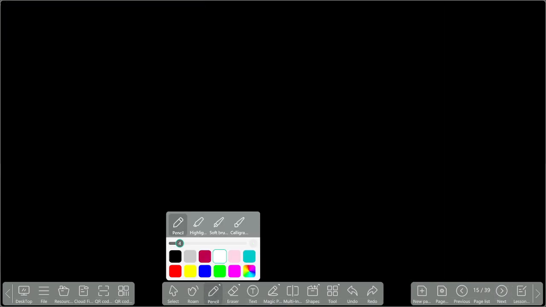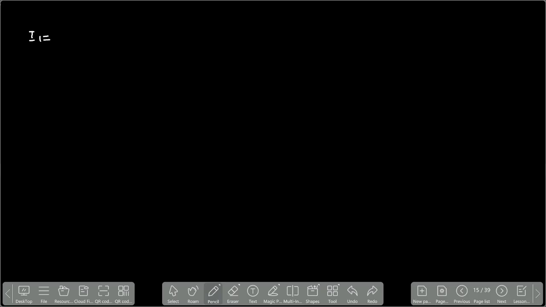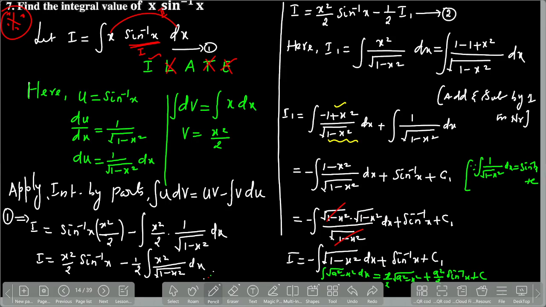Finally, what are we going to take? I equals I1, what is I1? Write the formula. Here x equals x, a equals 1, correct?